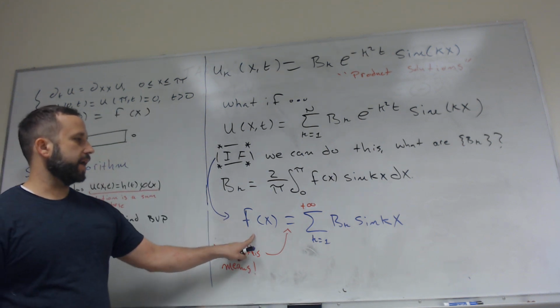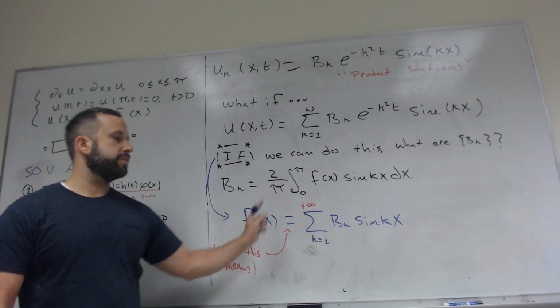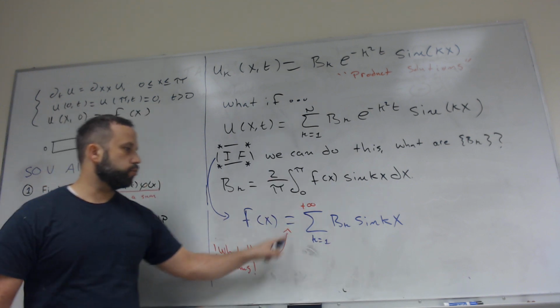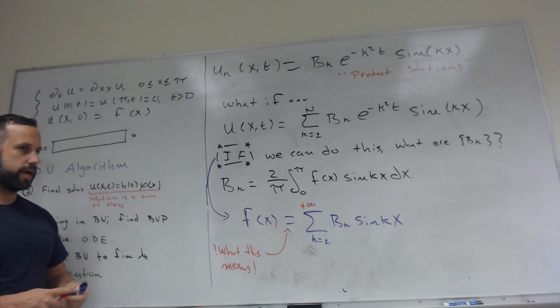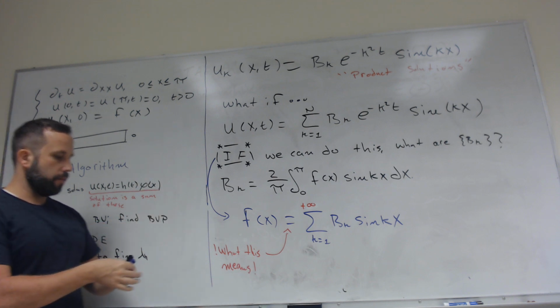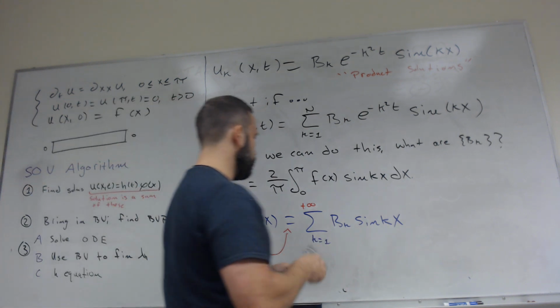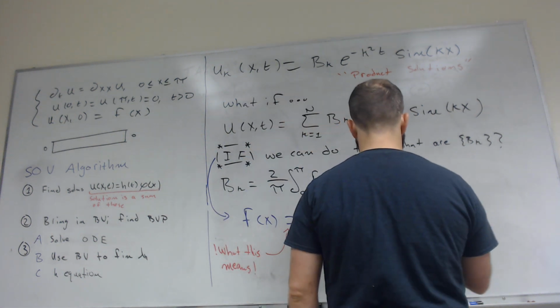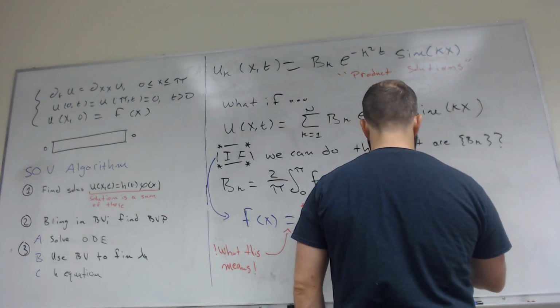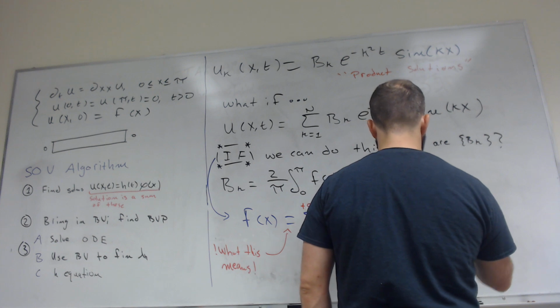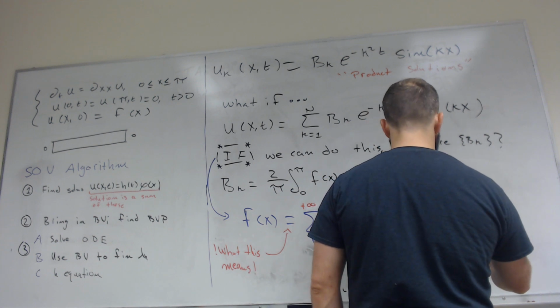I have f of x is equal to something on the right-hand side, but the something on the right-hand side is really a series, a sequence of sums. So remember how this is defined. This is defined as something like the limit as n goes to infinity of these partial sums.